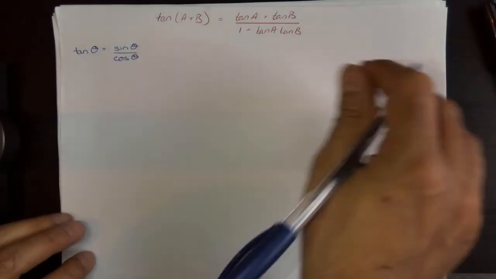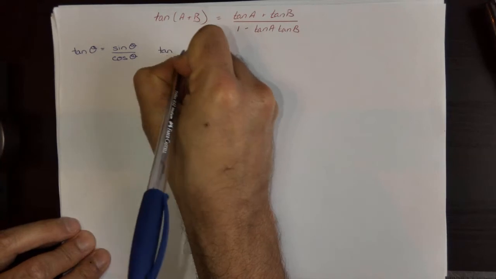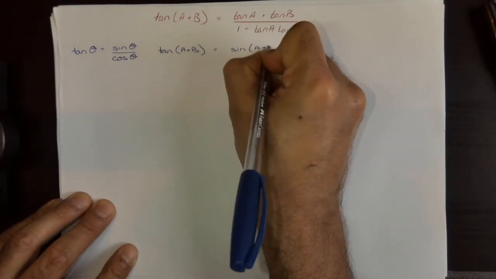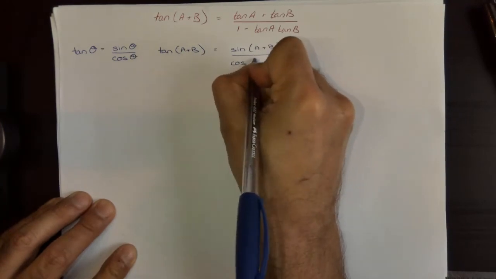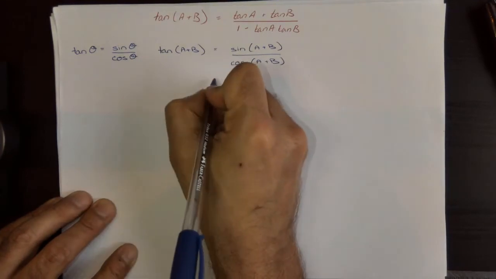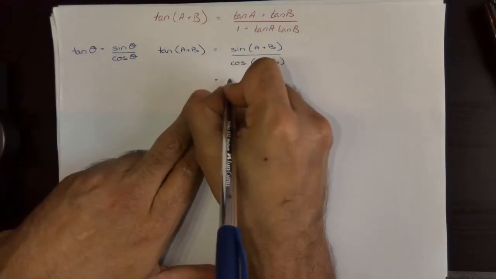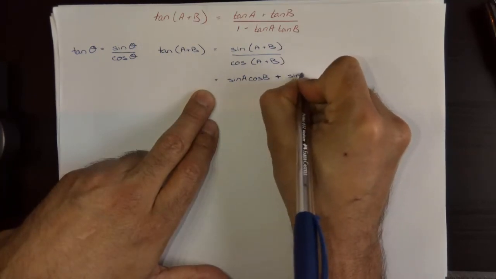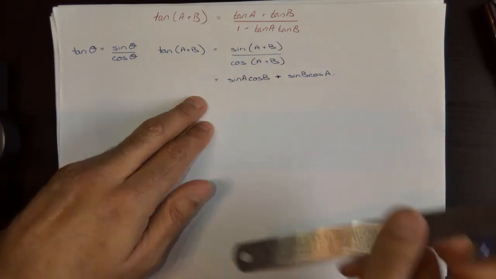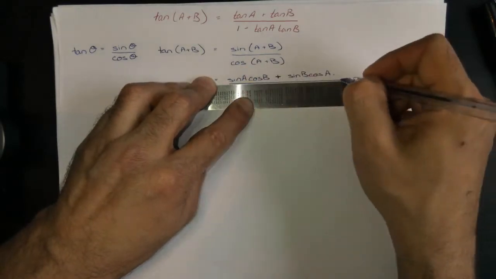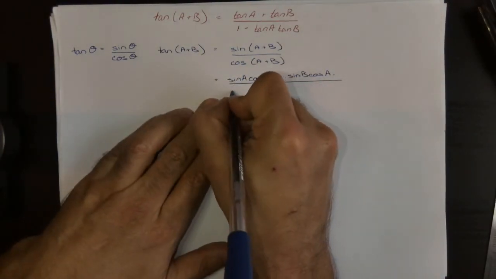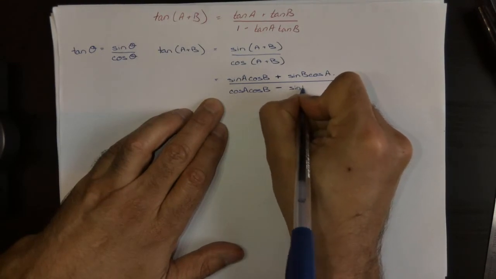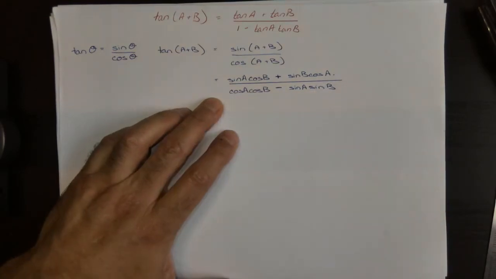So if we have tan A plus B, we would have sine A plus B over cos A plus B. But we know that sine A plus B is sine A cos B plus sine B cos A. And we're going to divide that by cos A plus B, which we've figured out to be cos A cos B minus sine A sine B.